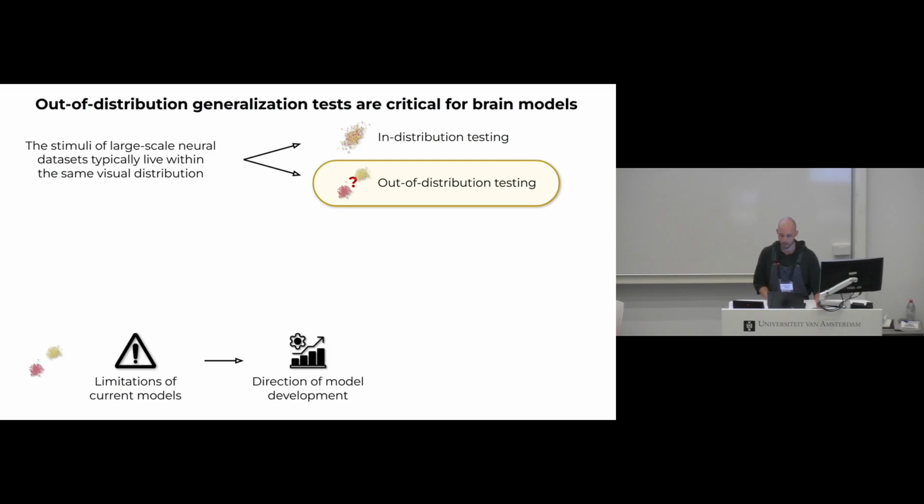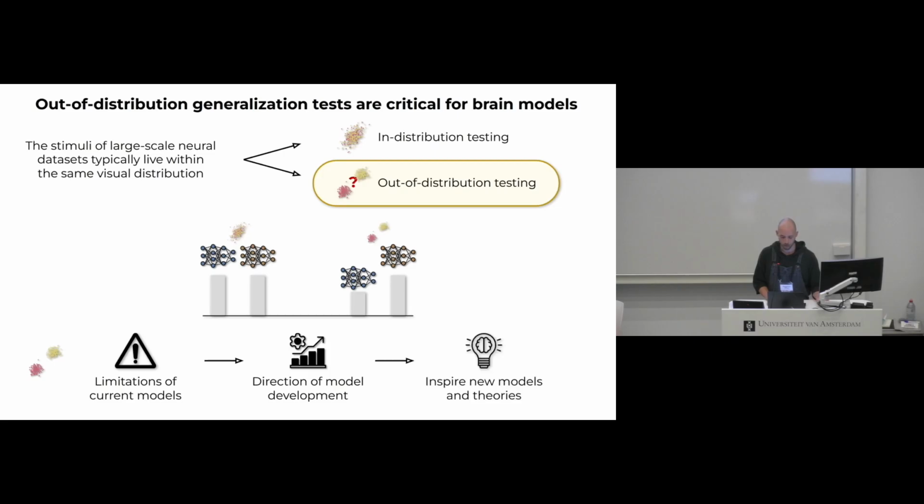For example, imagine a scenario where 2 models have similar in-distribution generalization scores. Finding that these models differ in terms of out-of-distribution generalization can reveal the properties that make a particular model successful. And these properties might in turn inspire the engineering of more accurate and robust models, as well as adjudicating between competing hypotheses and theories which are embedded into these models.